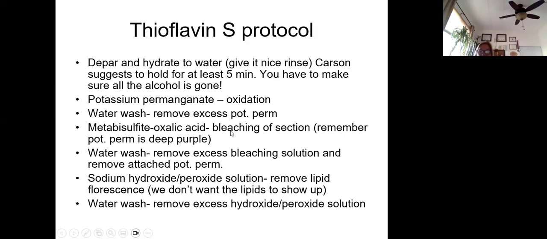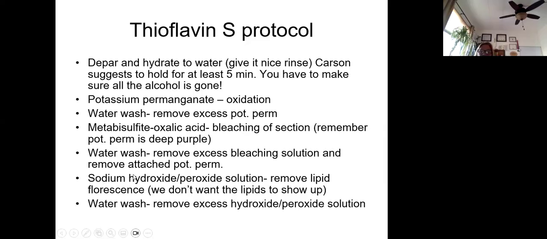This is going to bleach your section. Remember that pot perm is that deep purple, so we have to bleach out that background. Then you're going to water wash. That's going to remove any of the metabisulfite or the oxalic acid that's attached to the potassium permanganate.